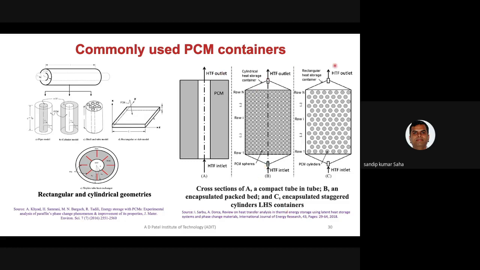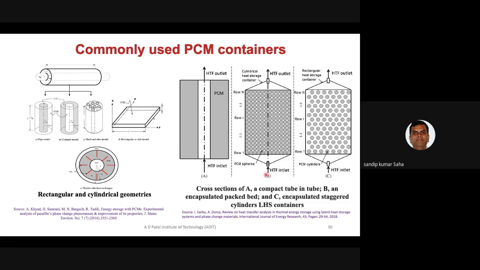Right hand side, two more geometries I will call the packed bed type of storage system, where this filler material, as I told you, I can model using a discrete element model. I can also model it using a porous medium model. I will gradually come into details of those two models.